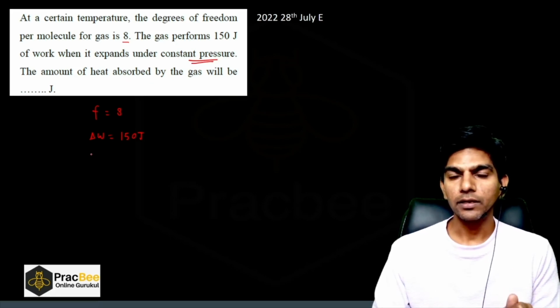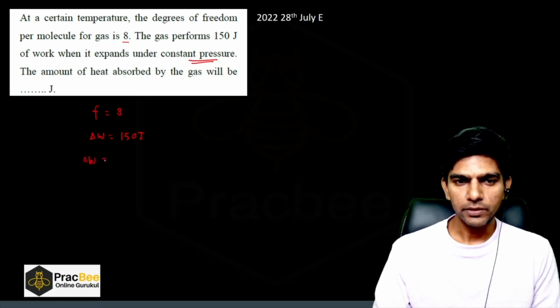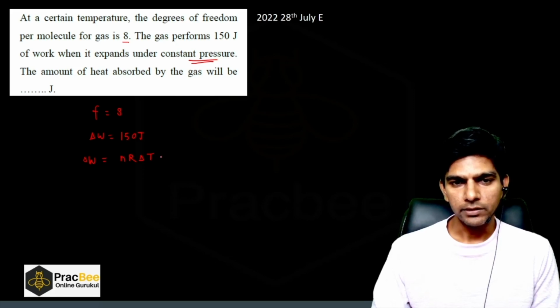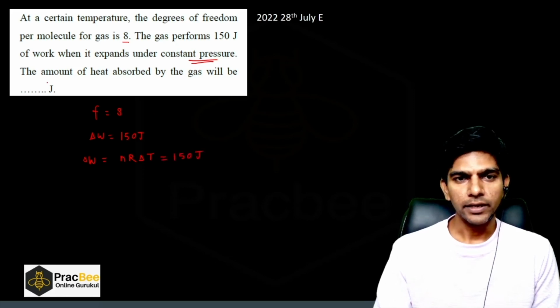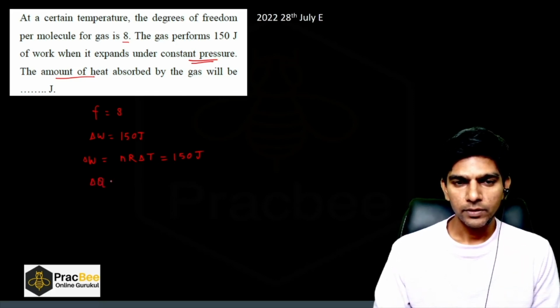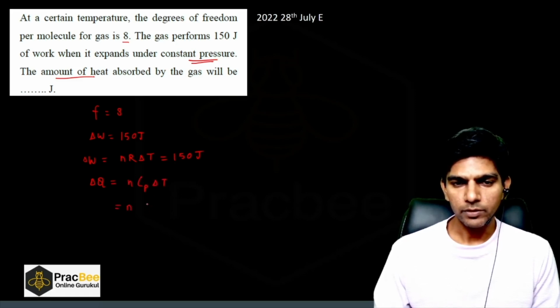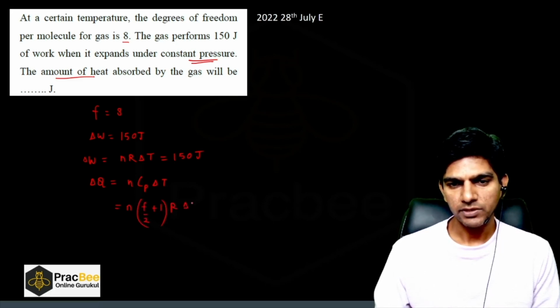So we know that in isobaric process, when the pressure is constant, work done will be given by nR delta T. And this is nothing but 150 joules. And amount of heat absorbed by the gas will be. So in case of an isobaric process, the heat absorbed is given by n Cp delta T. Okay, so this Cp can be written as F by 2 plus 1 times R. We'll study this Cp in the later part of the video.